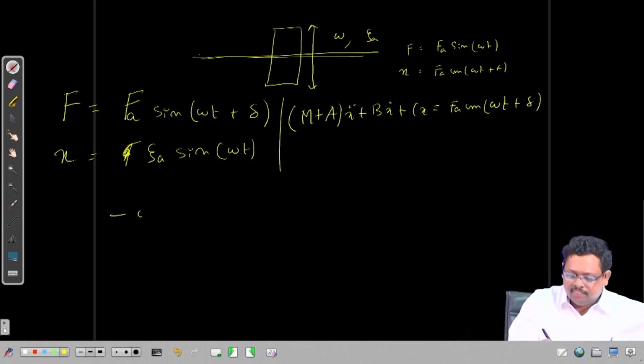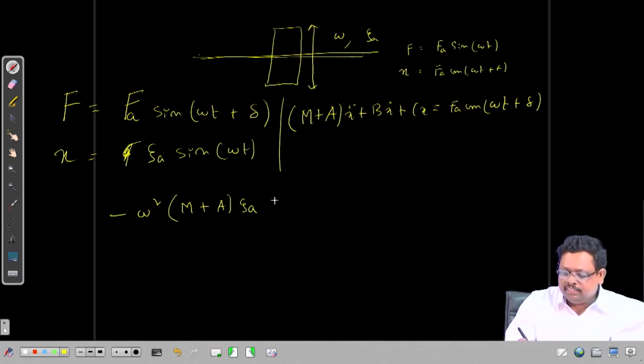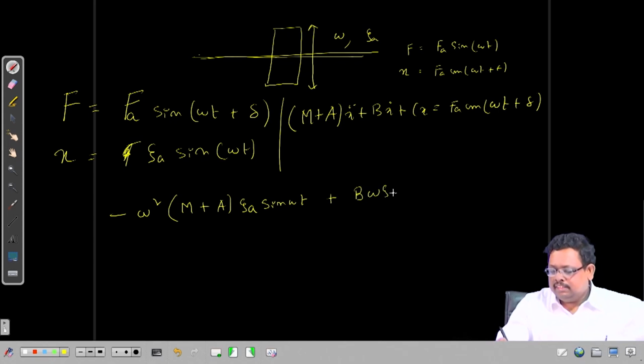It becomes minus omega square into m plus a into xi a sin omega t, plus b into omega into xi a into cos omega t, plus c into xi a into sin omega t is equal to f a.